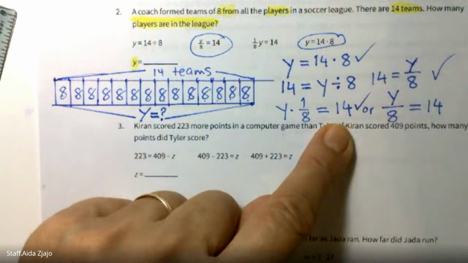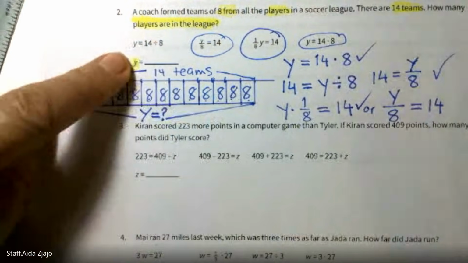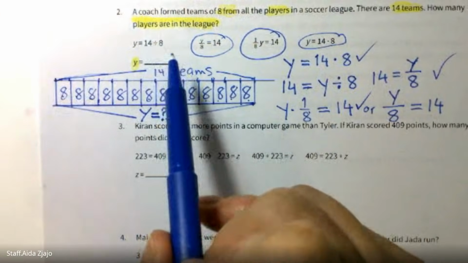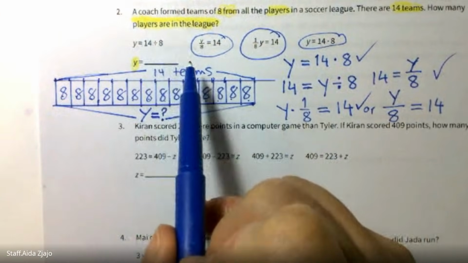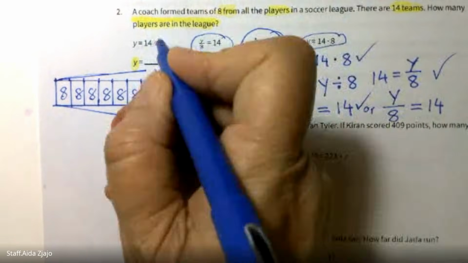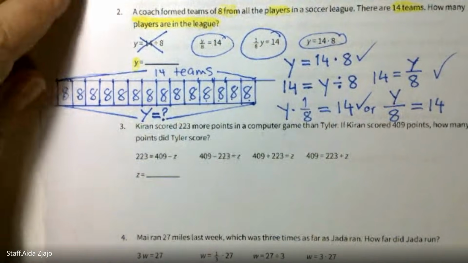That also can work. And then this one doesn't work because dividing 14 groups into 8 parts is not what this graph represents. So this equation is wrong.